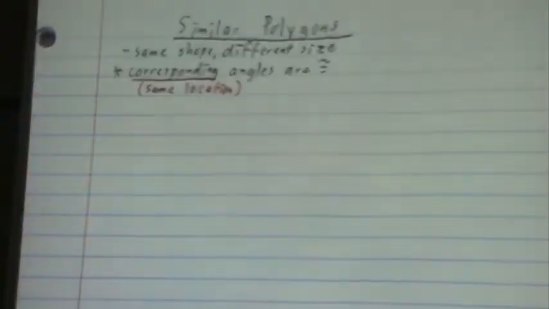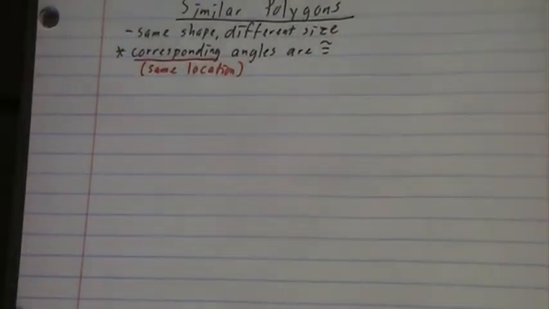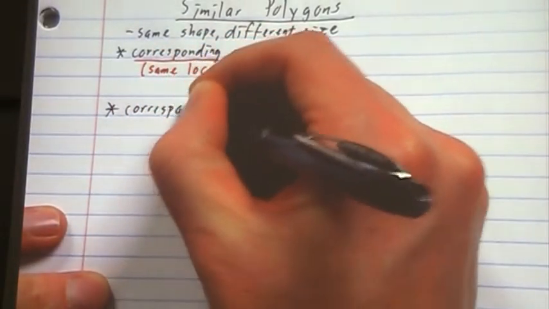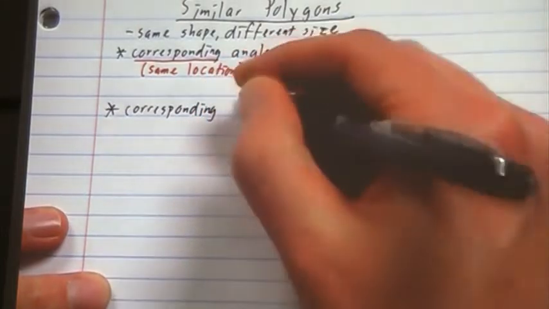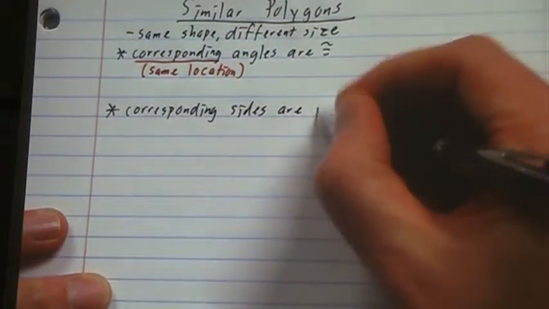So you're going to check to make sure the angles have the same measure. And then you're going to make sure the sides are proportional. So the angles have to stay the same, but the sides are going to be different. Corresponding sides are proportional.